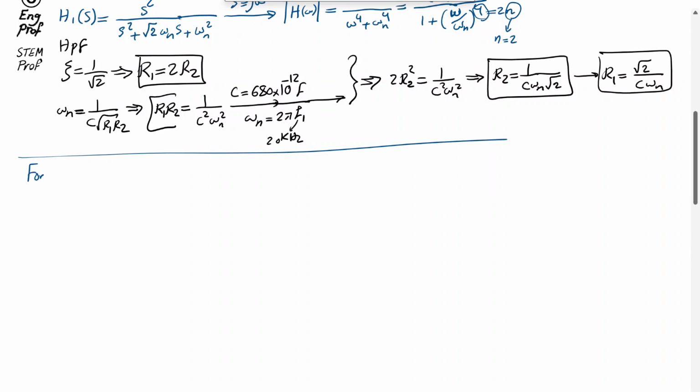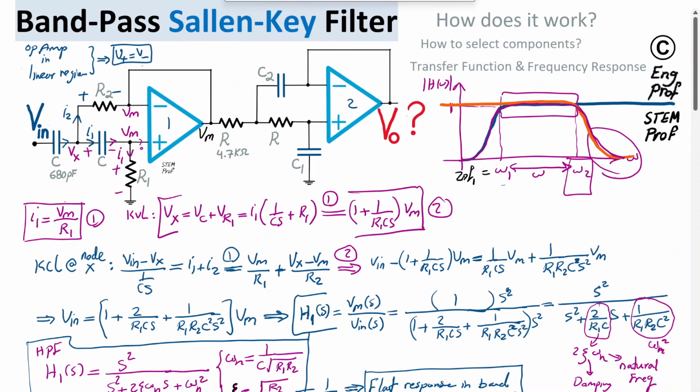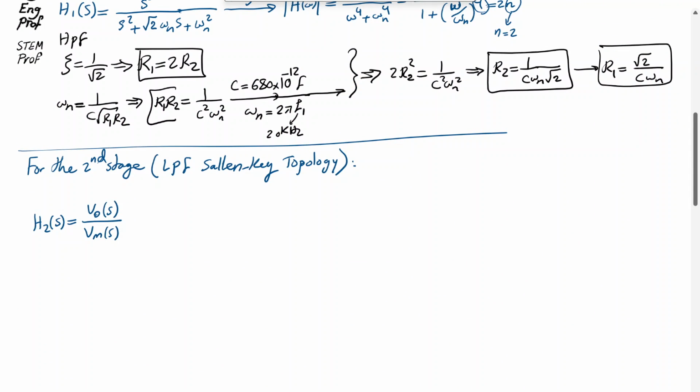So for the second stage in the cascade, which is a low-pass filter, a Sallen-Key low-pass filter in the form of a Sallen-Key topology, then what we get, if we perform the same analysis, is H2(s), the transfer function of the second stage, which is the output of the circuit, the final output, divided by the midpoint voltage, so V out over Vm, equal to, we will find it's a low pass, omega n squared.